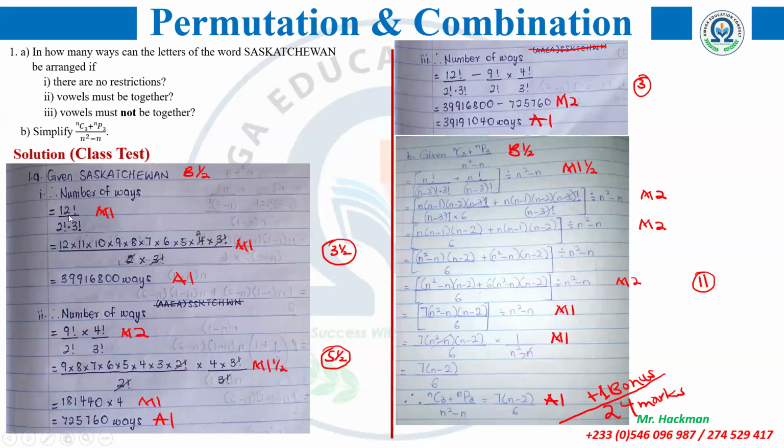If there are no duplicates, all your letters are distinct, then it will just give you n factorial. So here, our n, the number of letters, will be 12 factorial over, and we can see 2 S's, so it will give you 2 factorial. And again, you can see 3 of them, so that will give us times 3 factorial.